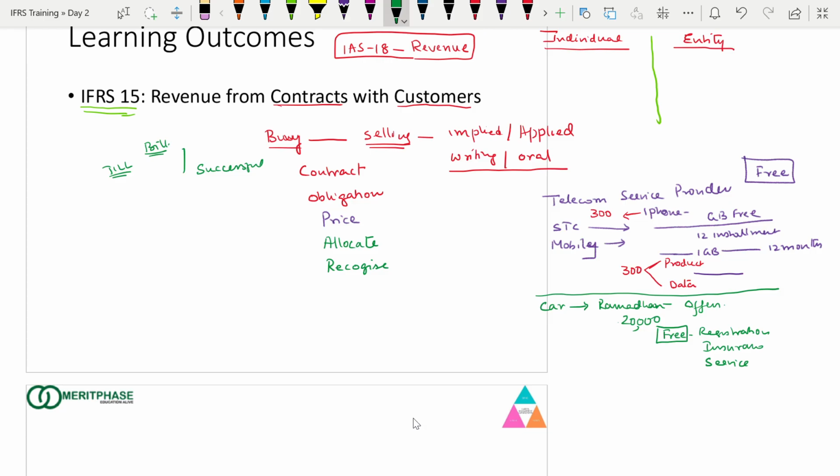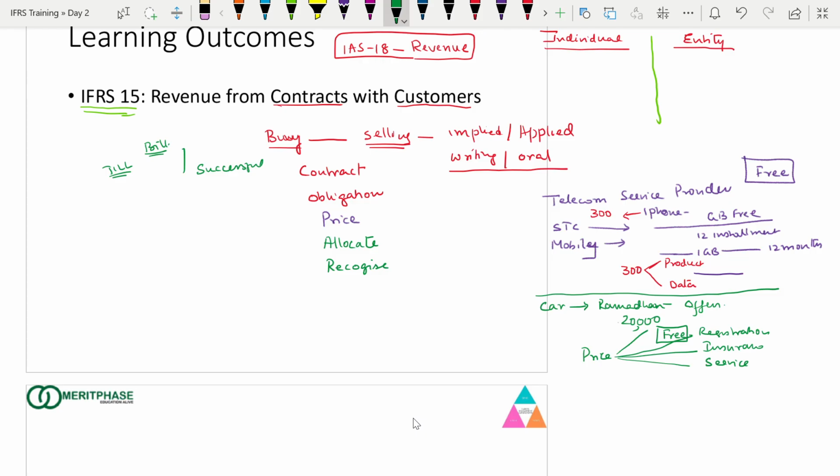Subsequently, you have to allocate this price. How much is the value of the car? How much is for registration? How much is the insurance? Nobody will give free insurance. You are also not giving free insurance to your customers, so how can you expect free insurance? You have to allocate it.